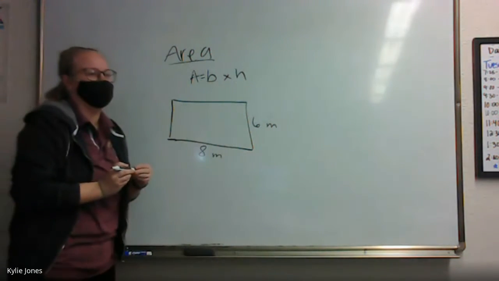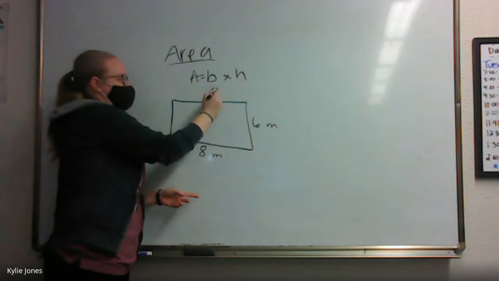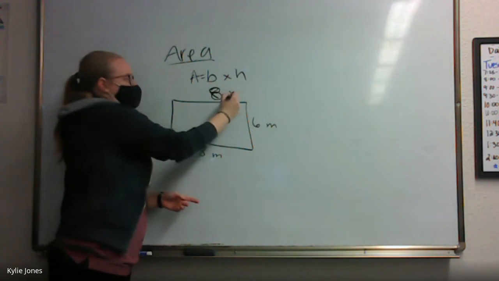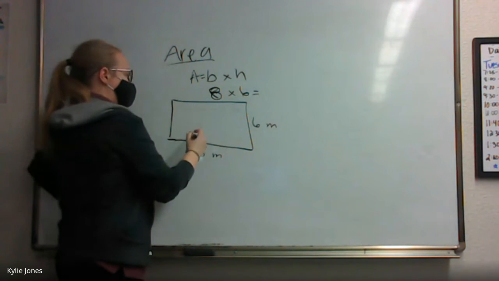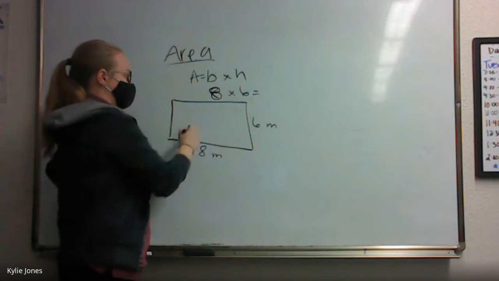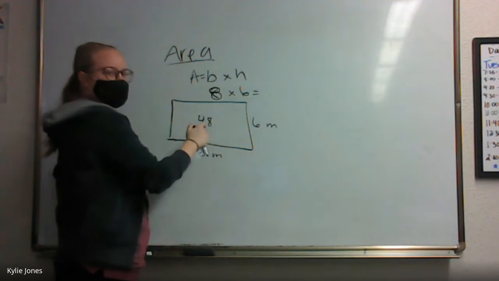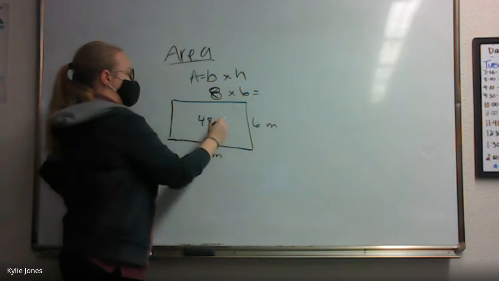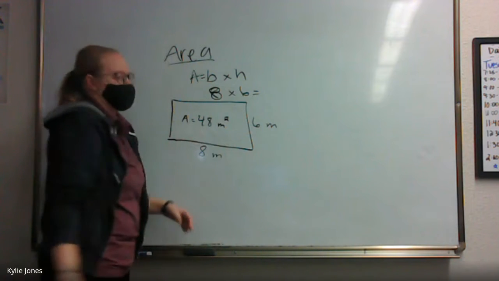Charlie, what's the base and the height of this? 8 times 6. What is 8 times 6? 48. And then what are my units? Meters squared. So this is the area.